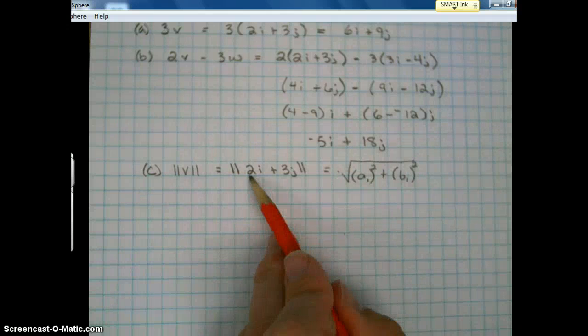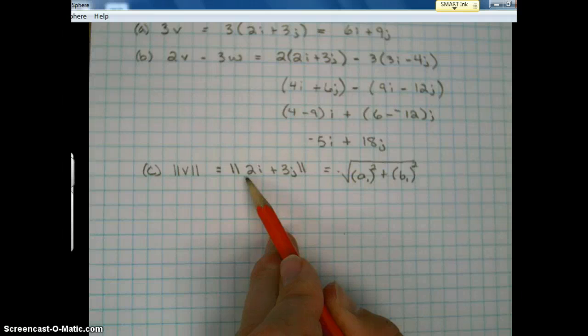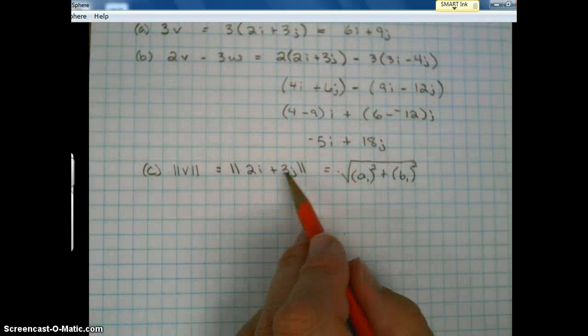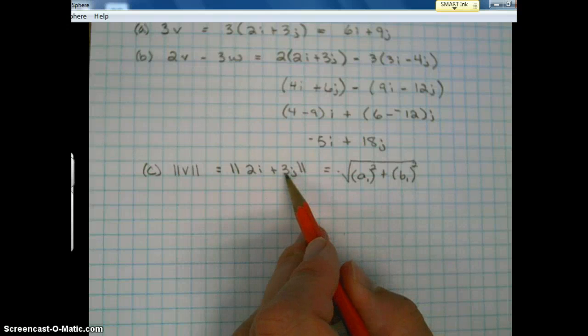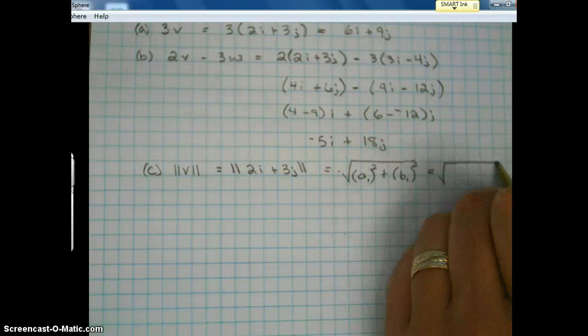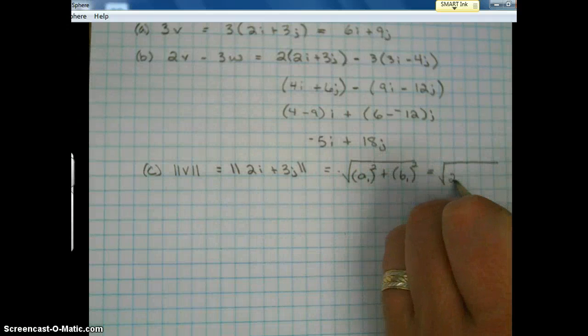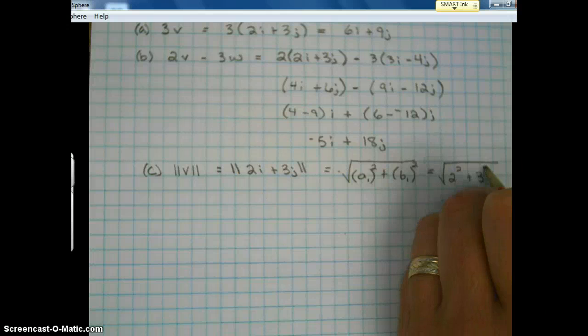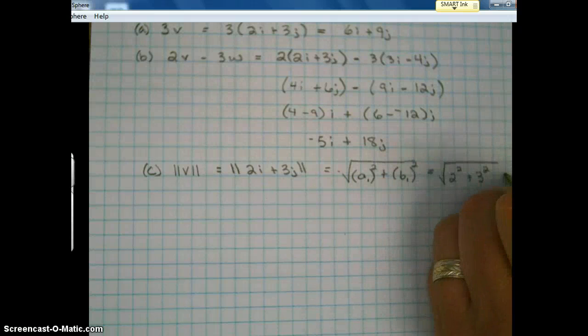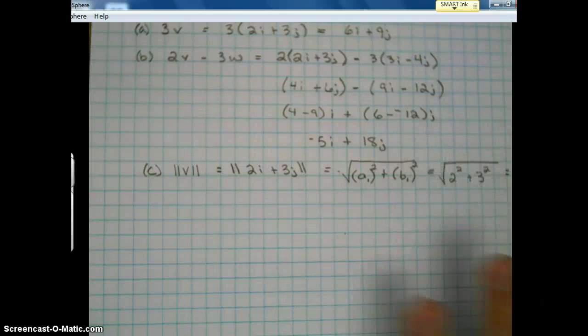Okay, well, here's a sub 1 right here. And then here's b sub 1 right here. So plugging it in, we get 2 squared plus 3 squared. So 2 squared is 4, 3 squared is 9, 4 plus 9 is 13. So the magnitude of vector v is the square root of 13.